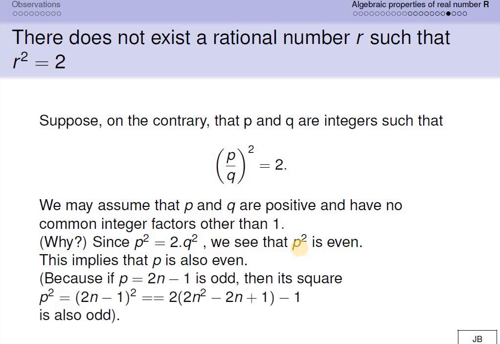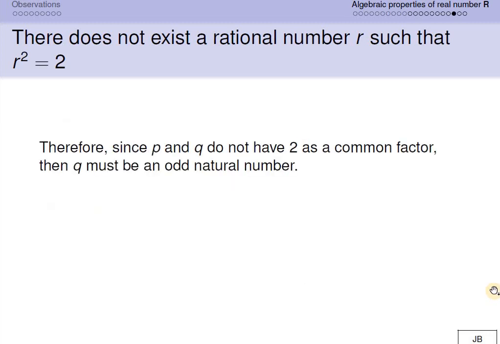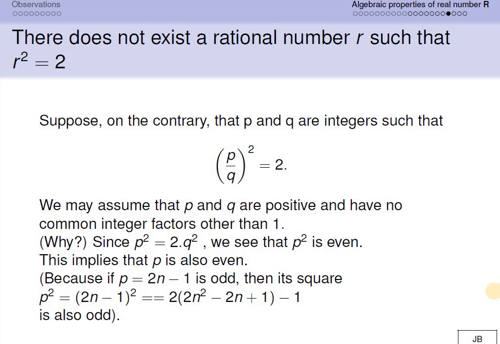If p is an odd number, it will be of the form 2n minus 1. Now square both sides, so p square will be (2n minus 1) square, which is 2 into (2n square minus 2n) plus 1. It's an odd number. Therefore p must be an odd number.